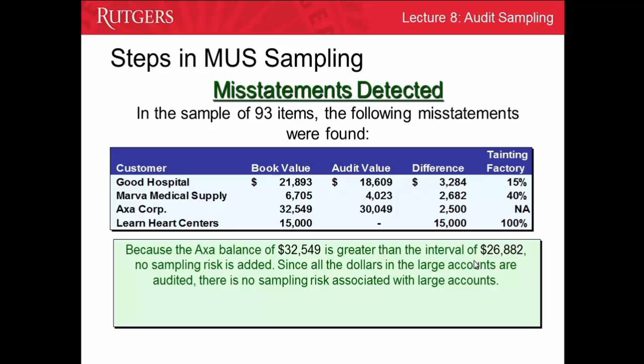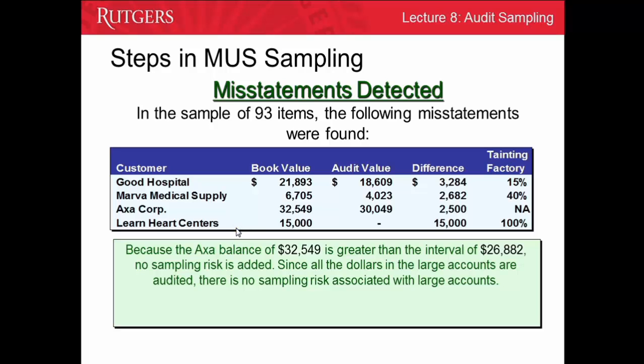Also, another situation is that the book value of the logical unit is less than the sampling interval and it is 100% misstated. Because the logical unit represents the group of dollars within the sampling interval, the sampling interval is assumed to be 100% in error. So in this example, the audited value for Learnhardt Centers is 0.